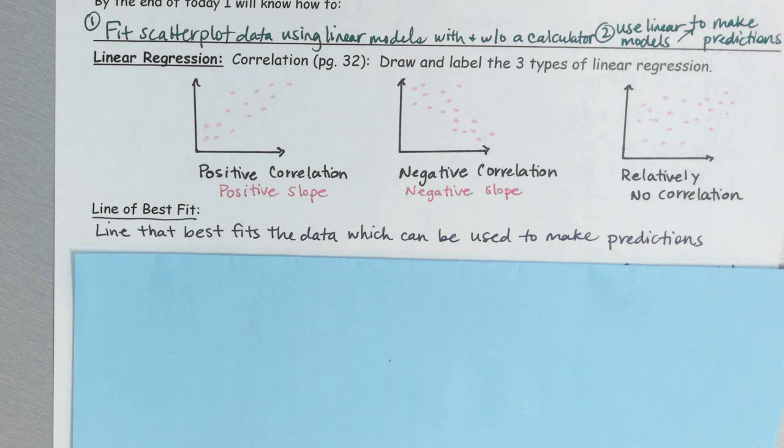So we have positive with the positive slope, negative with the negative slope, and then relatively no correlation. What we're going to try to find for all of those is the line of best fit. The line of best fit is going to fit the data as closely as possible, and we're going to use that to make the predictions.